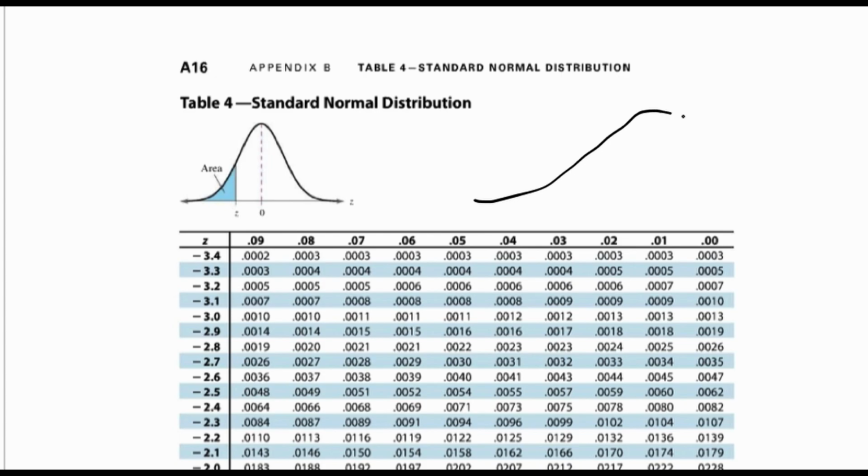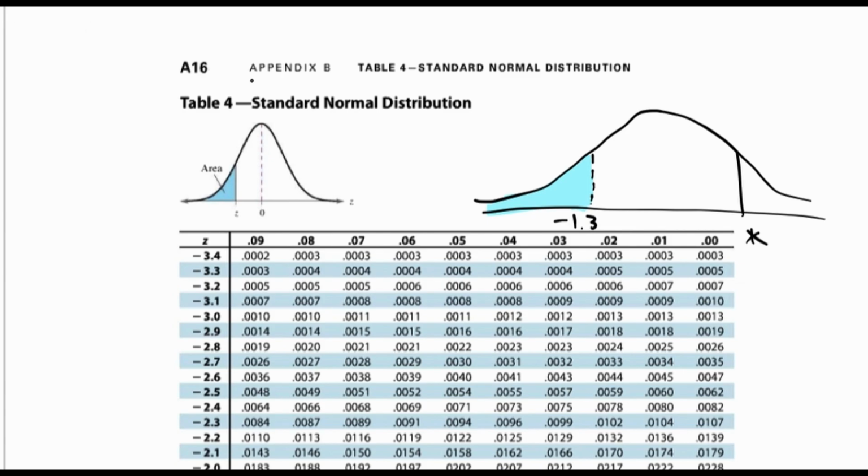Because even though my Z star ended up over here, there would be an equal and opposite Z star over here, which is negative 1.3. So instead of looking up the positive 1.3, I'll look up the negative 1.3, because at least that'll give me the area in the left tail here. And I can certainly use that for my p-value, but I just got to double it.